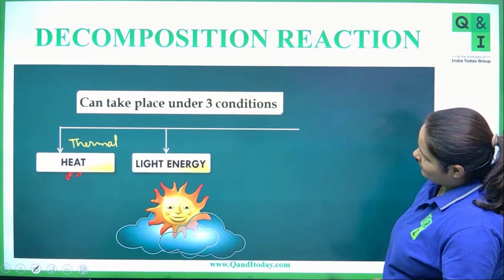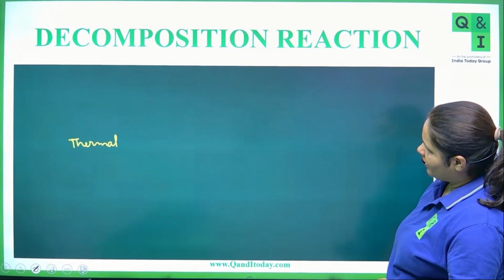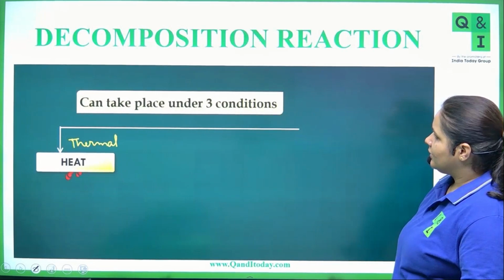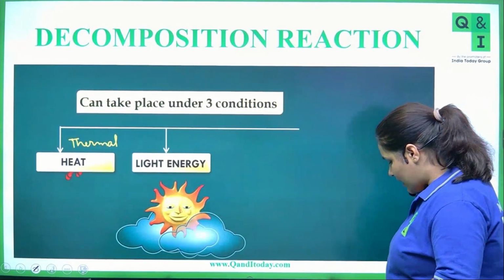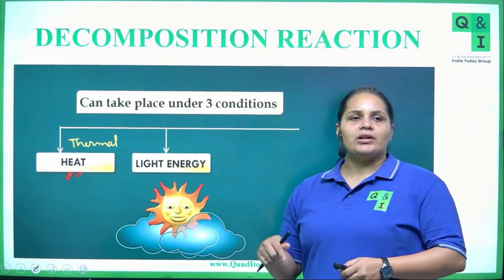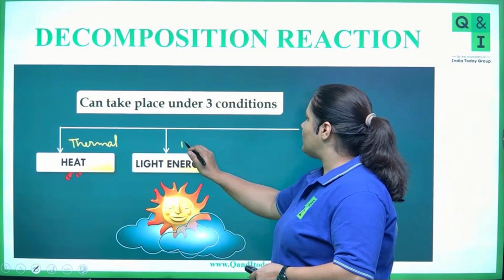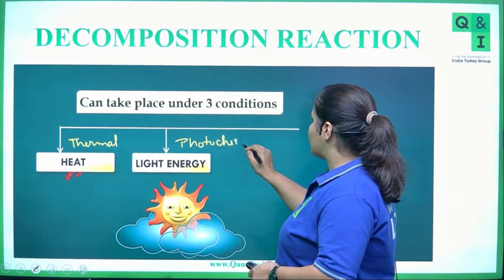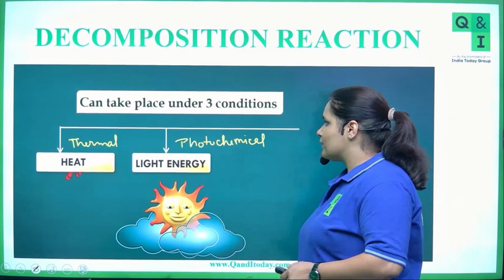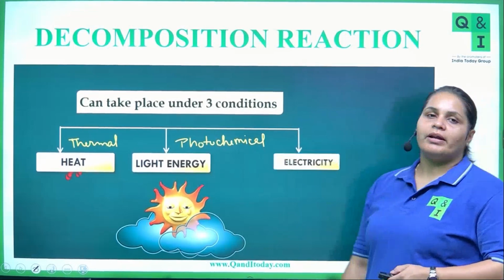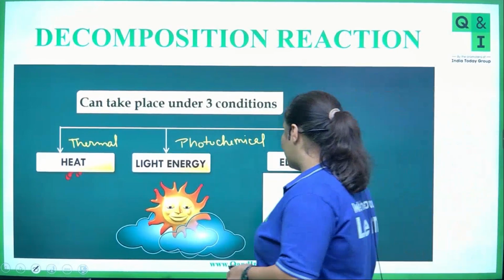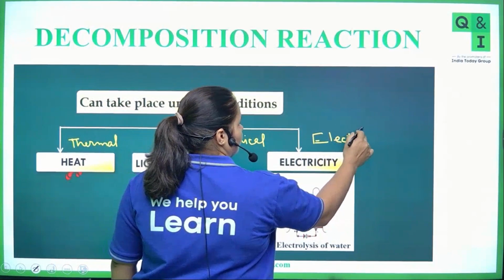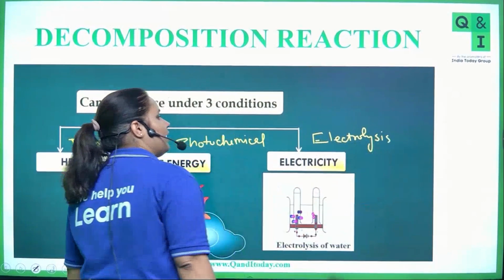Okay, so second is light energy. When we provide energy in the form of light, then it is called photochemical decomposition, right? And third, when we provide energy in the form of electricity, then we call it electrolysis.